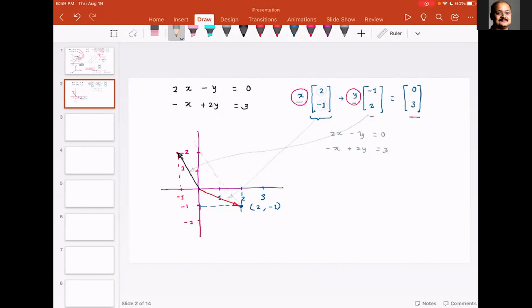I'm going to shrink or expand the first vector by a constant x, where this constant is a number, and shrink or expand the other by y, to such an extent that, all things said and done, I land up with the vector (0, 3). So this is the vector (0, 3).